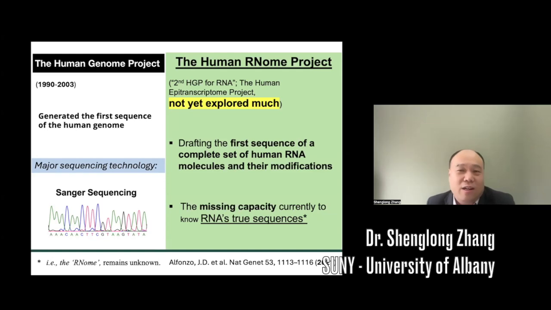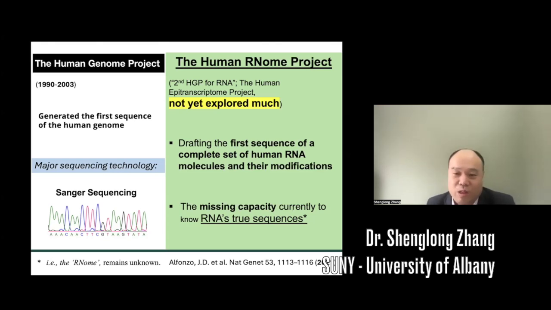We can call it the Human Epitranscriptome Project, or the Second Human Genome Project for RNA. However, this project has not yet been explored much, mainly because we don't have a sequencing technology comparable to the sequencing that was used for the first Human Genome Project.